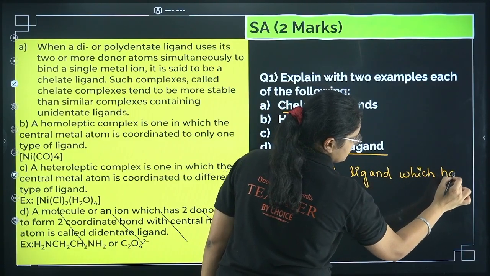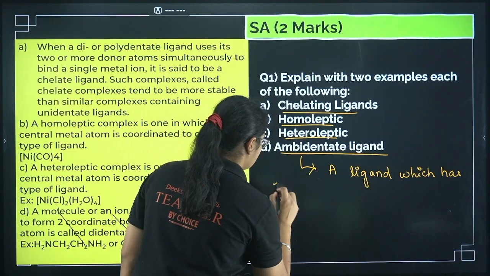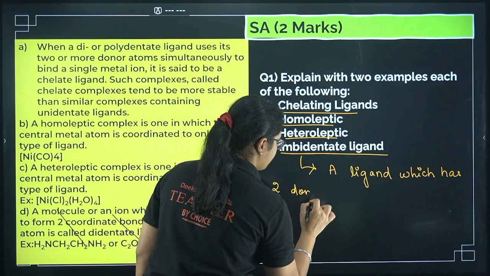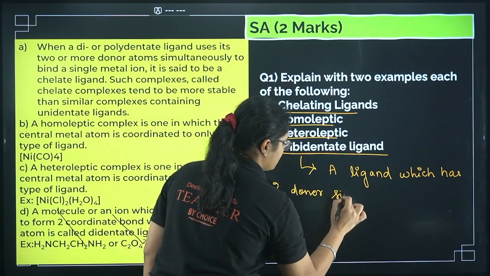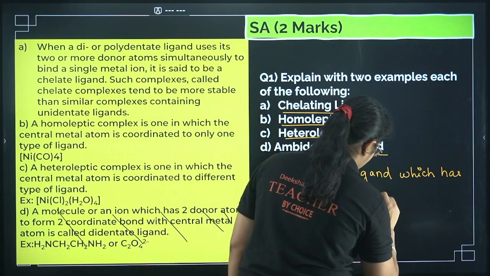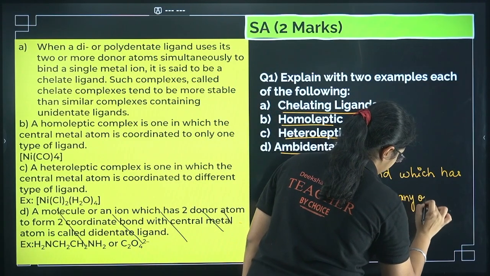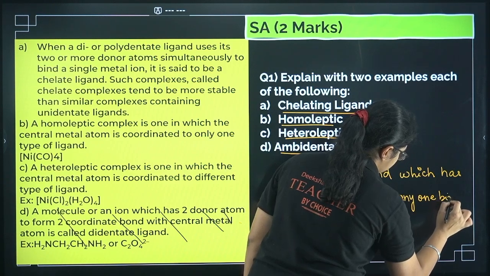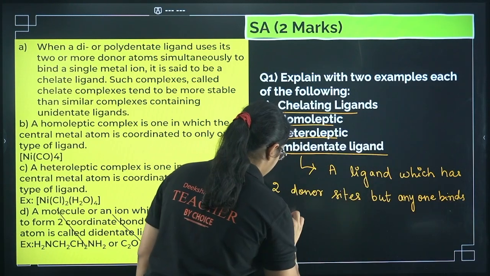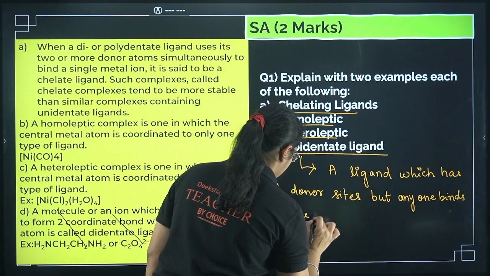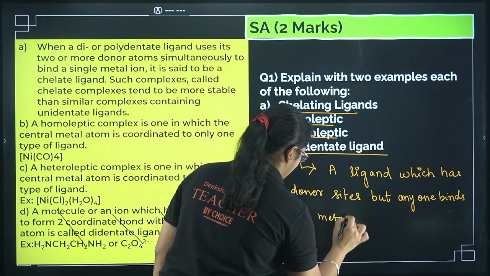A ligand which has 2 donor sites but any one binds to the metal at one time.